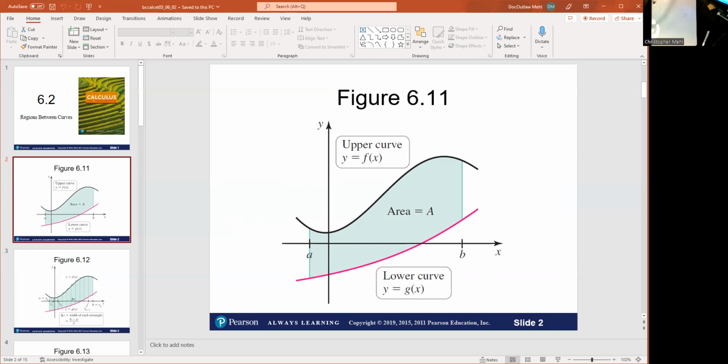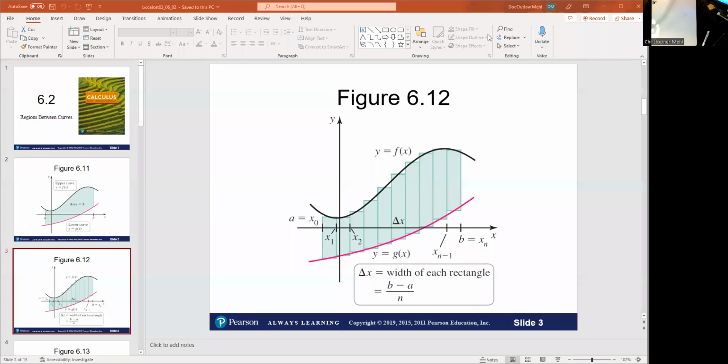We'll start with integrating with respect to x. We will once again rely on that slice and sum strategy, where we're going to chop up our interval a to b into some pieces. We're going to take the Riemann sum approach.